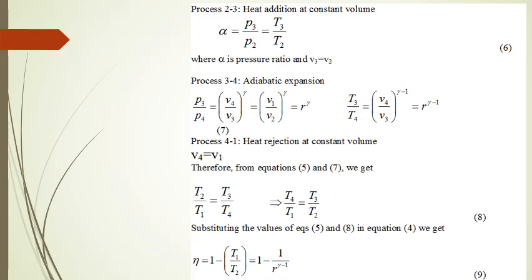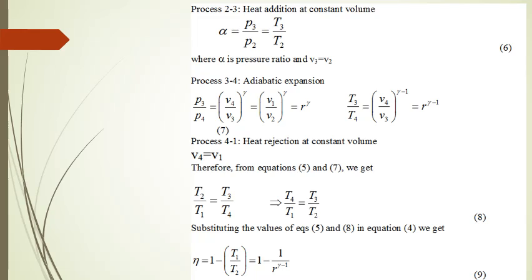So it becomes T3 upon T4 is equal to r raised to power gamma minus 1. Now, as heat rejection is taking place at constant volume, V4 is equal to V1. So from equations 5 and 7 we get T2 upon T1 is equal to T3 upon T4. By cross multiplication we can infer that T4 upon T1 is equal to T3 upon T2.